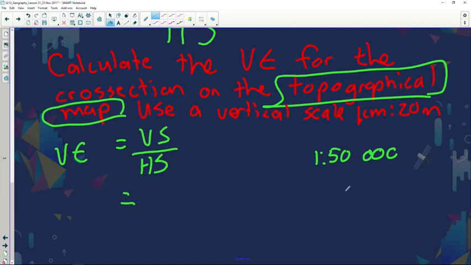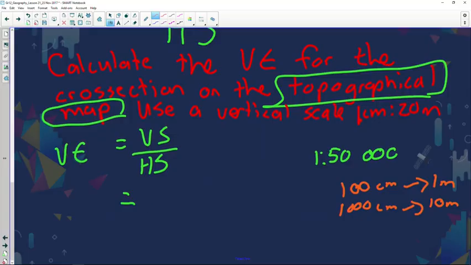There are 100 centimeters in 1 meter. There are 1,000 centimeters in 10 meters. Now, how many centimeters are going to be in 20 meters? Because we need to write according to scale. So the vertical scale is 1 centimeter represents 20 meters. So am I right if I'm writing this down? 2,000. That's the vertical scale.